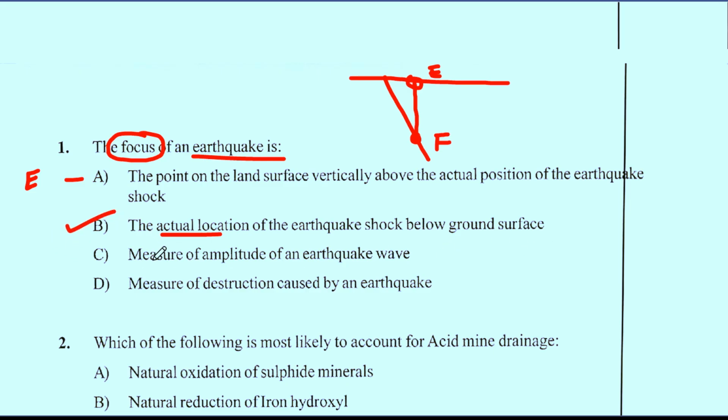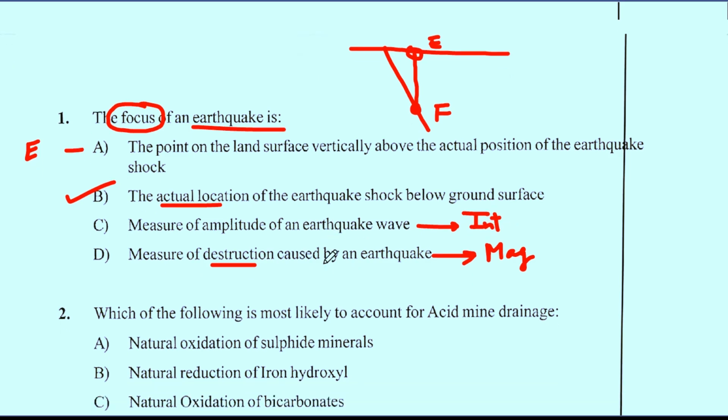So our answer is B. And the remaining two options: measure of amplitude of an earthquake wave is why, and destruction. Destruction is a measure of magnitude, and amplitude is for intensity.